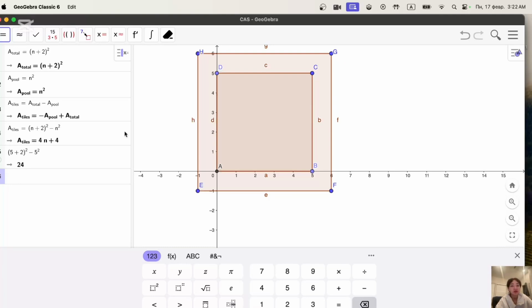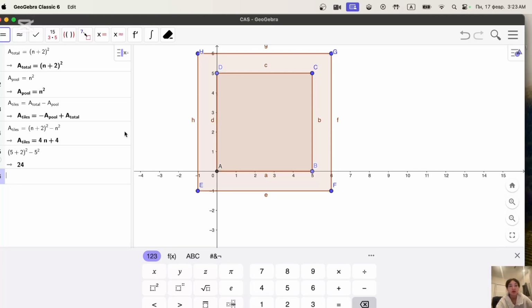So what we did, we calculated the number of tiles using CAS in GeoGebra, entered formulas for total area and for pool area, and then computed the difference. Substituting n equals 5, we could see that the answer is 24.